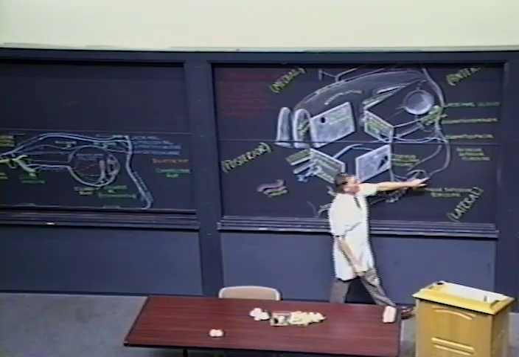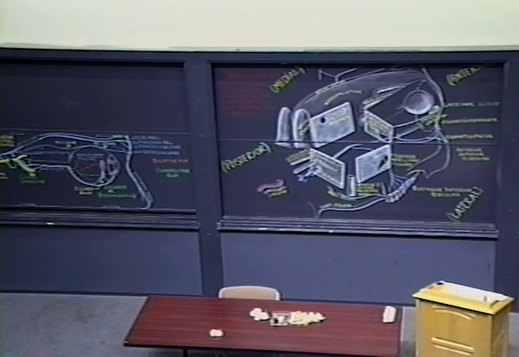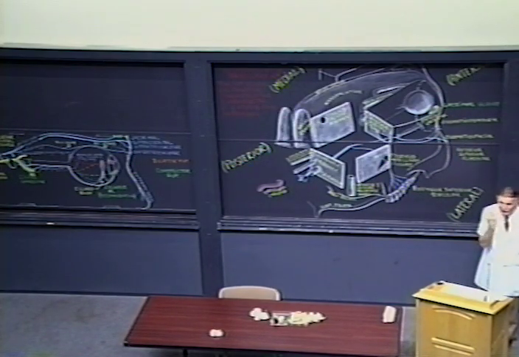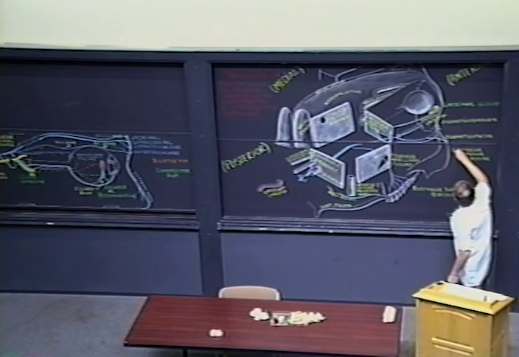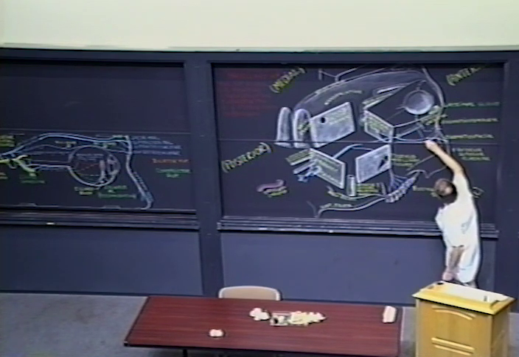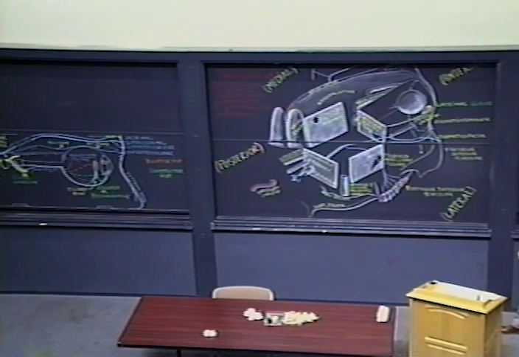There is indeed an anterior superior alveolar, which is a branch of the infraorbital descending through the maxillary air sinus and providing innervation to the upper teeth. And here it is right here. But most of it is taken by the posterior superior alveolar.